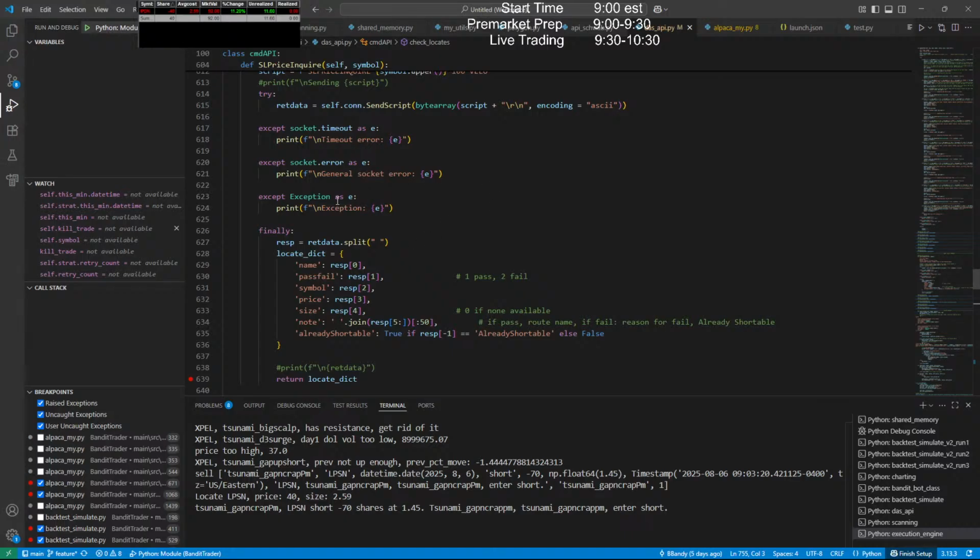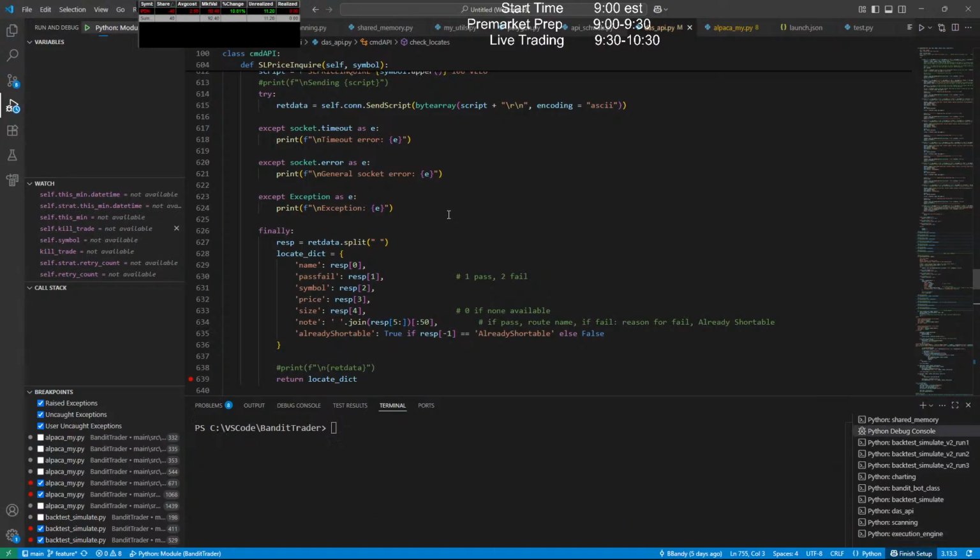This is what gets returned, so let's do a stop. Let's put a breakpoint right here and see what we get.